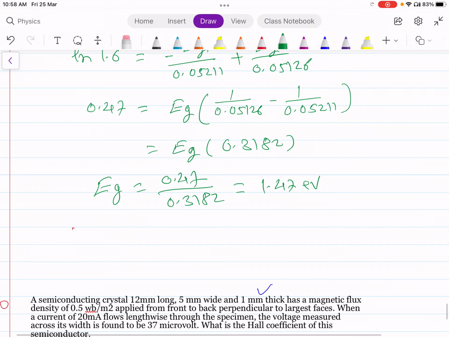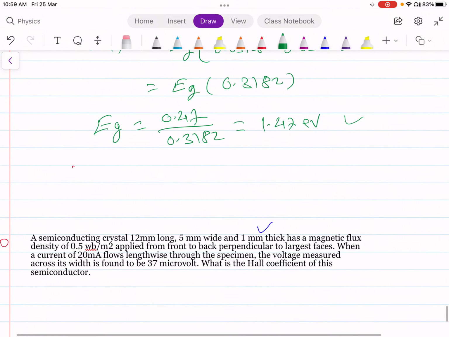So band gap of the silicon is 1.47 electron volt at temperature 30 degrees Celsius.